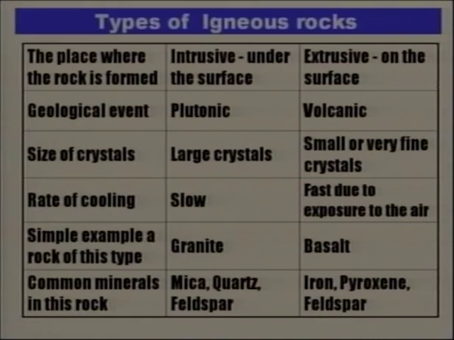For the extrusive volcanic rock, which is igneous also, a simple example is that of basalt. So basalt is an example of a volcanic extrusive igneous rock. Granite is an example of an intrusive plutonic igneous rock. The other examples we will look at later on.